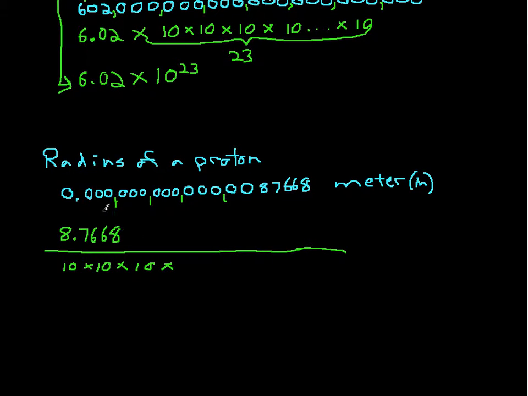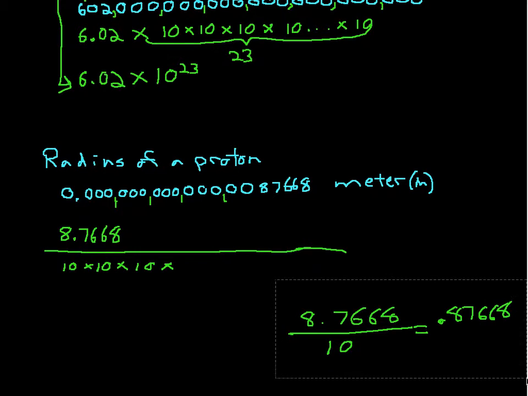How many times will we have to divide by 10? Just to make sure you understand, 8.7668 divided by 10 one time moves the decimal point one place to the left. So here we're dividing by 10 multiple times.